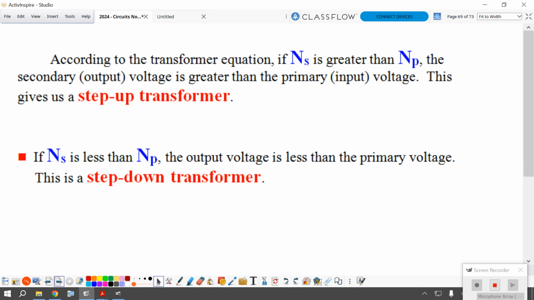So it steps up the voltage. If N_S, the number of turns on the secondary side, is less than N_P, the number of coils on the primary side, the output voltage is going to be less than the primary voltage, and this is a step-down transformer.